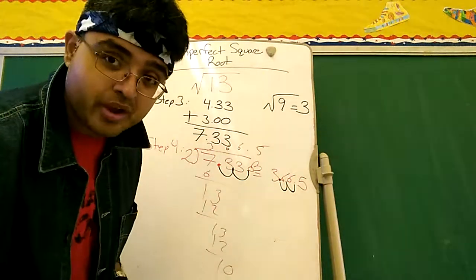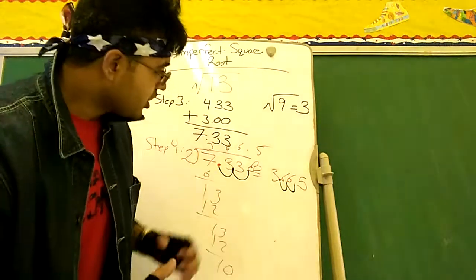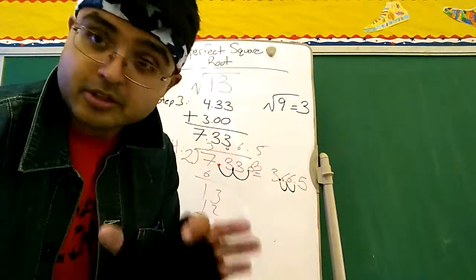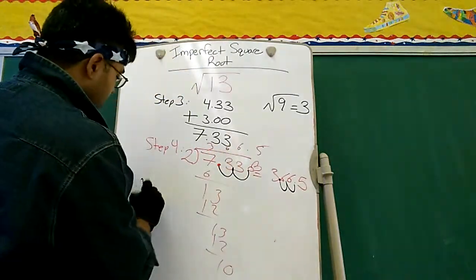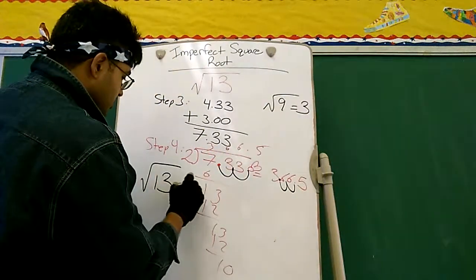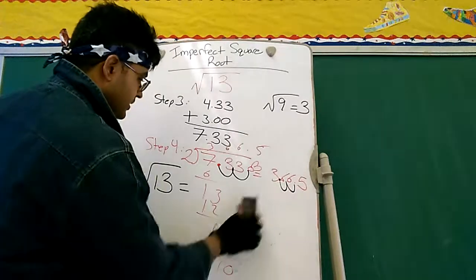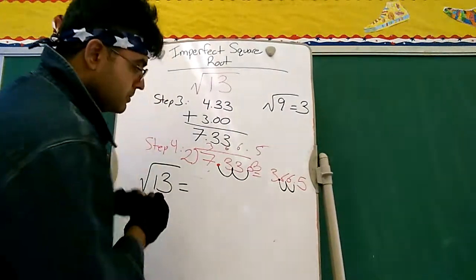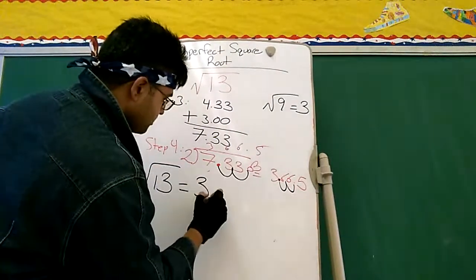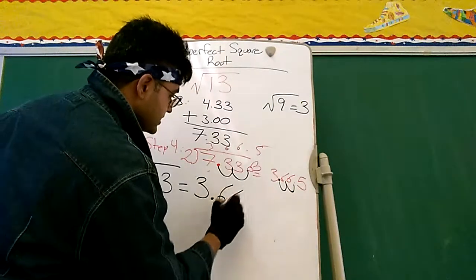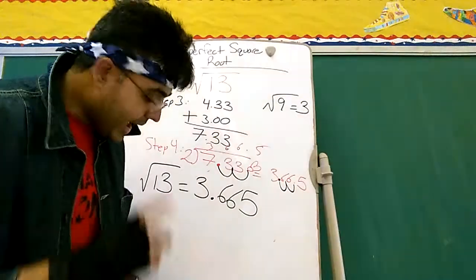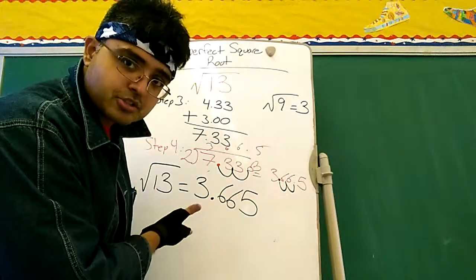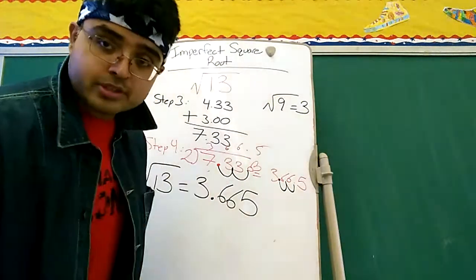So, the square root of 13, we are estimating here. The square root of 13, we believe, is equal to 3.665. And to know for sure that our answer is correct, we can use a calculator.